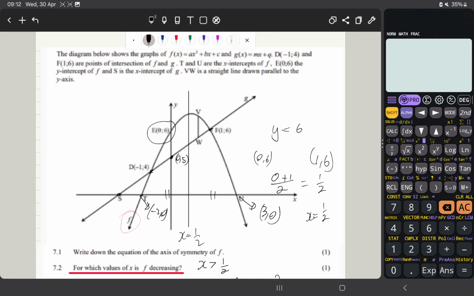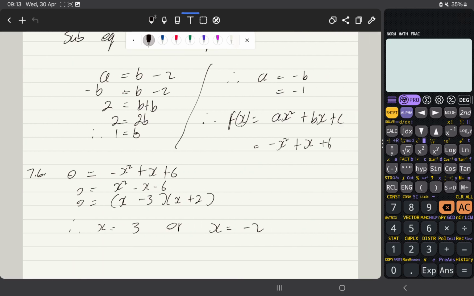So we move on, and us moving on is us saying let's find S. The equation for S is a straight line, g of x equals x plus 5. So for the x-intercept, y is equal to 0, so 0 equals x plus 5.